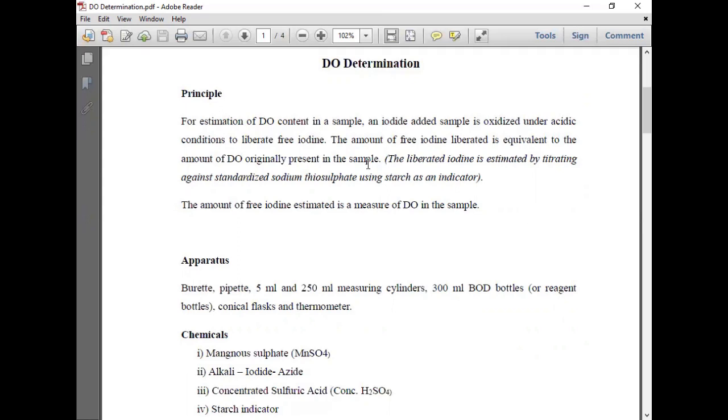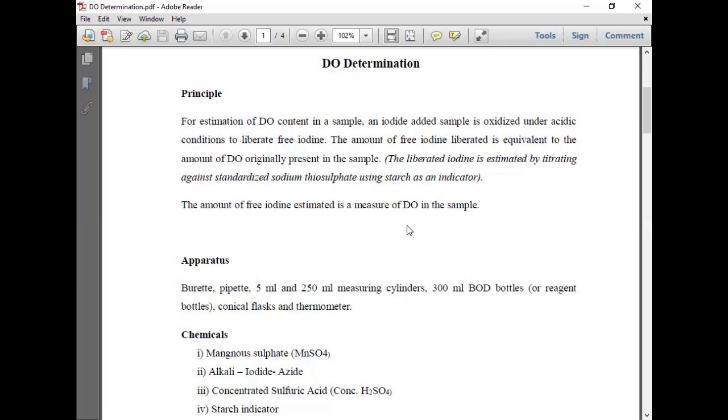So let's understand this principle part by part, and then we'll be getting a glimpse of this principle as a whole. For the estimation of the DO content, we are going to use an indirect technique. We cannot determine the oxygen directly, which is in the dissolved state in the sample.